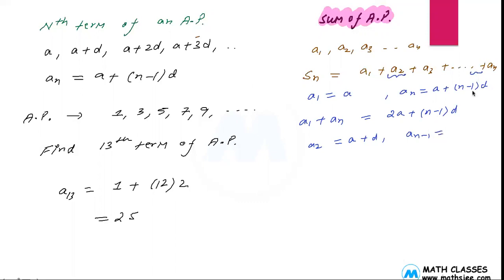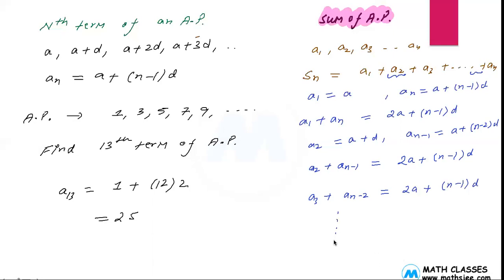This will be a plus n minus 2 d. Again we add a2 plus a(n minus 1). If you try to see again, this will be 2a plus n minus 1 into d. Similarly, you will again get a3 plus a(n minus 2) the same as 2a plus n minus 1 d, and this will go on and on like this.